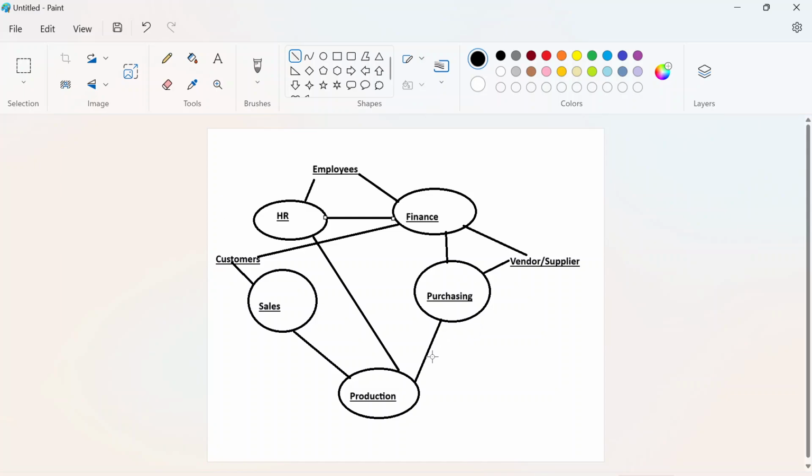If there is no communication between all these different departments, or if there is manual communication, communication is still there, but that is manually by sending an email or by calling, right? Still there is a delay. If you take a manual process, you might have forgotten to send the email, right?